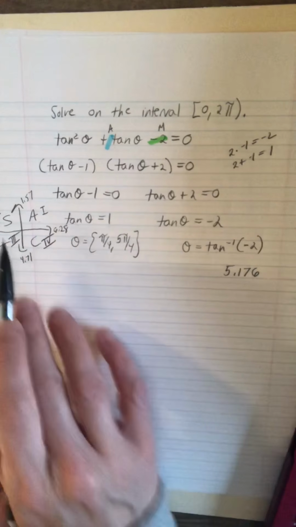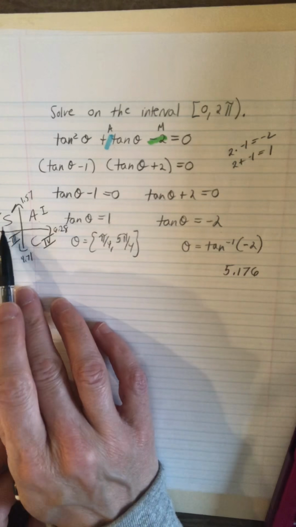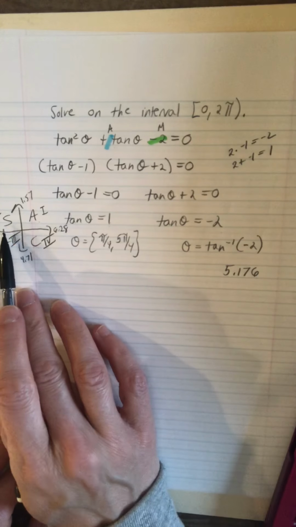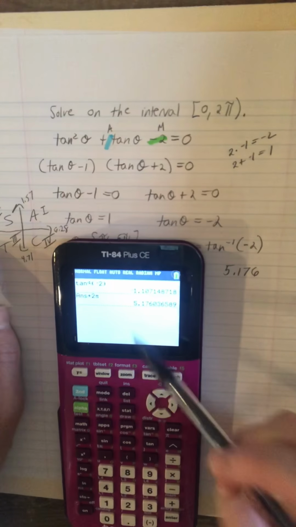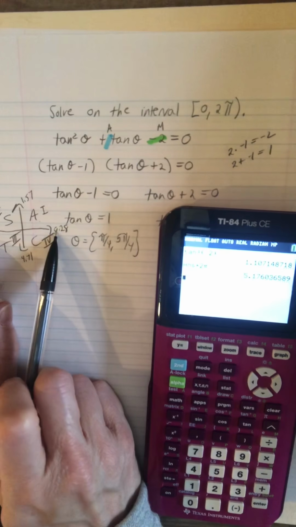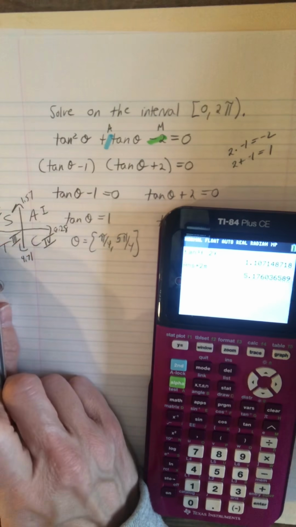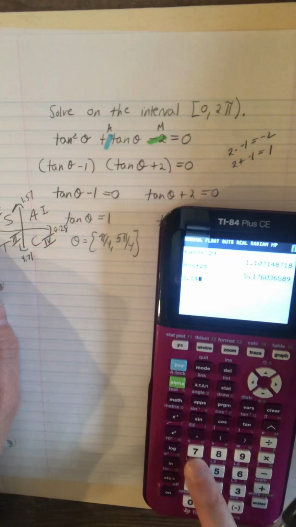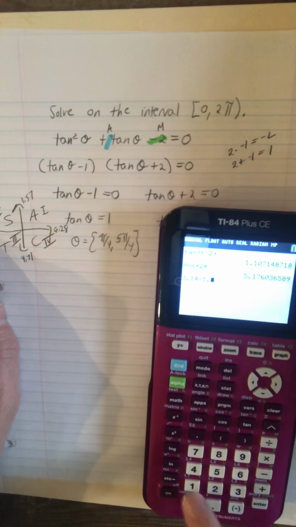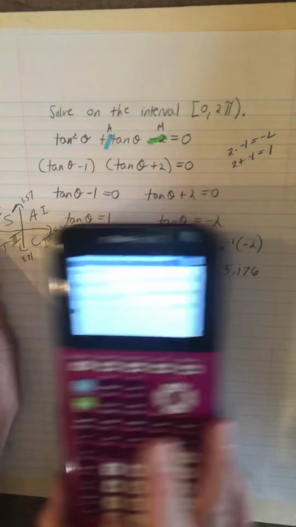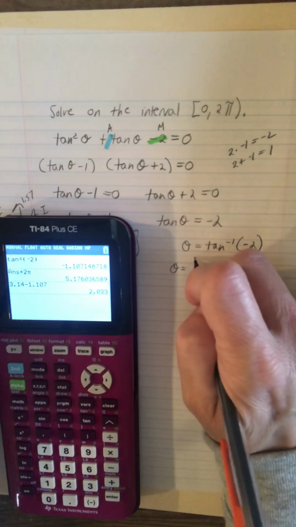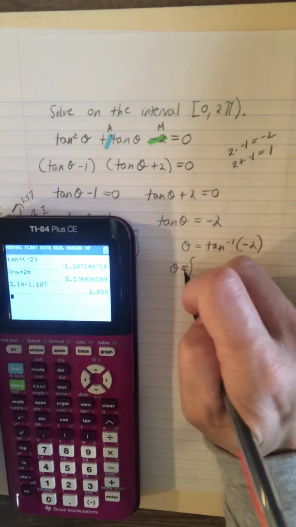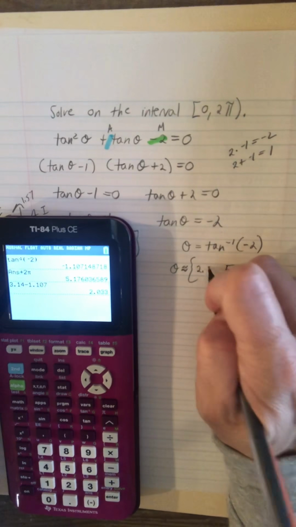However, tan is also negative in quadrant 2. How do I figure that out? That value, 1.107, I now need to subtract. I subtracted it from 6.28 to find quadrant 4. I now have to take that away from 3.14. So I have 3.14 minus 1.107, and theta is approximately, this is an approximation so I'm putting squigglies, 2.033.